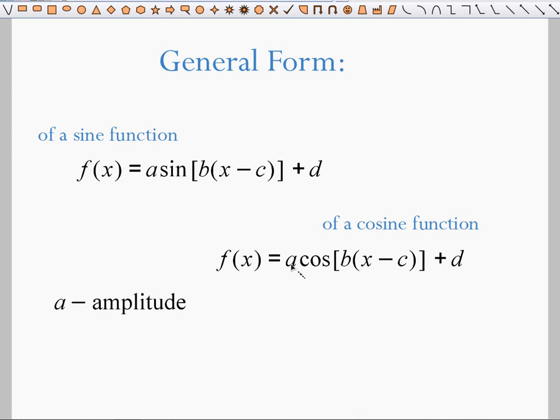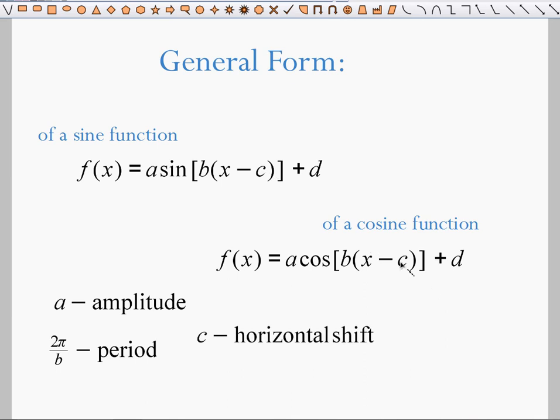A in both equations stands for amplitude, so my coefficient out front is my amplitude. 2 pi divided by b is the period, so b tells me how many cycles within every 2 pi radians.